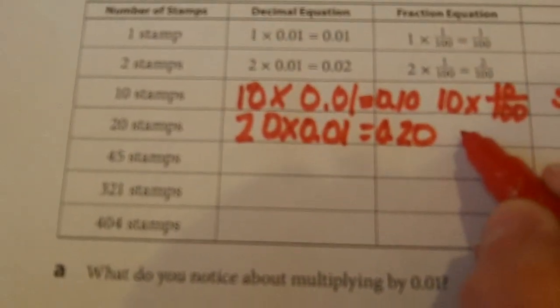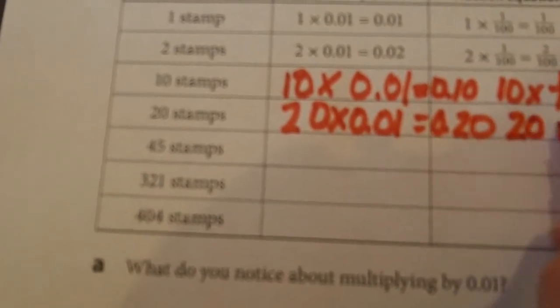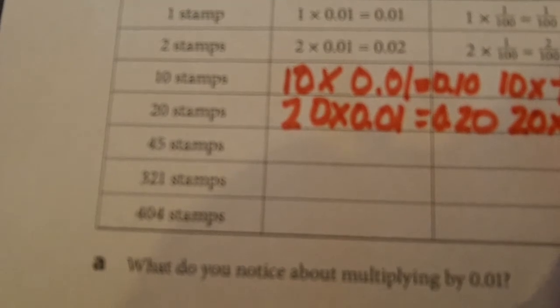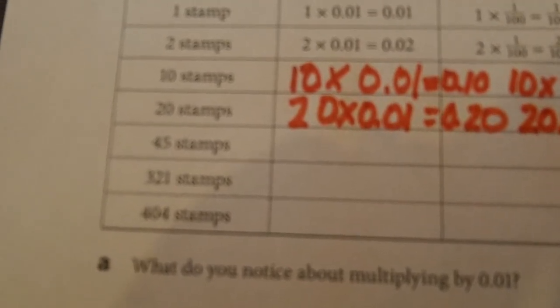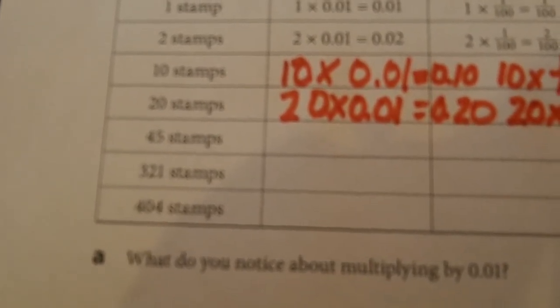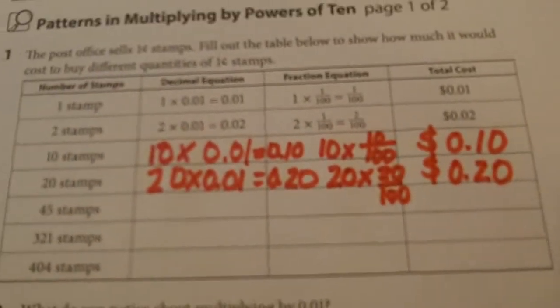So then I would continue on with my 20 stamps, still with a penny. So 20 times 0.01 would give me 2 tenths, and my fraction would be 20 times 20 over 100 to give me 20 cents.